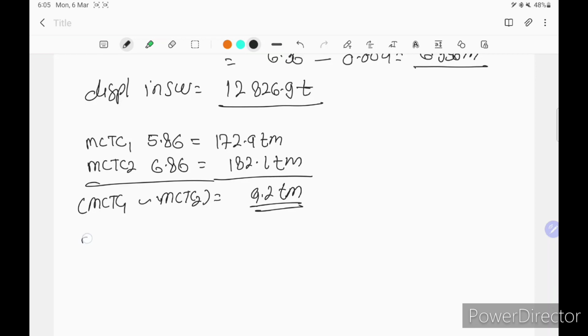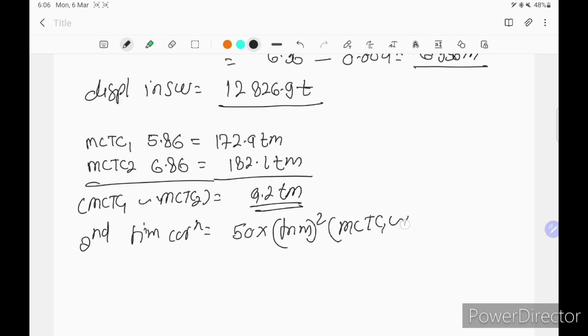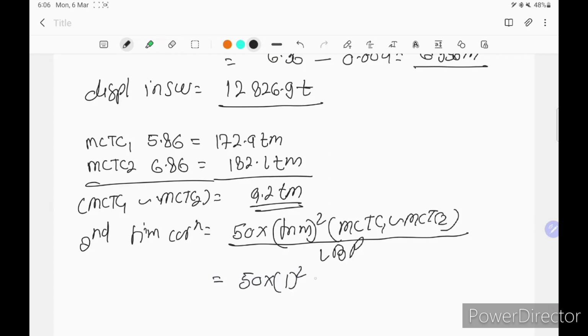Now we will apply this in the second trim correction. The formula is 50 into trim square into the difference of MCTC1 and MCTC2, divided by LBP. Put the values in the formula and you will get 3.21.